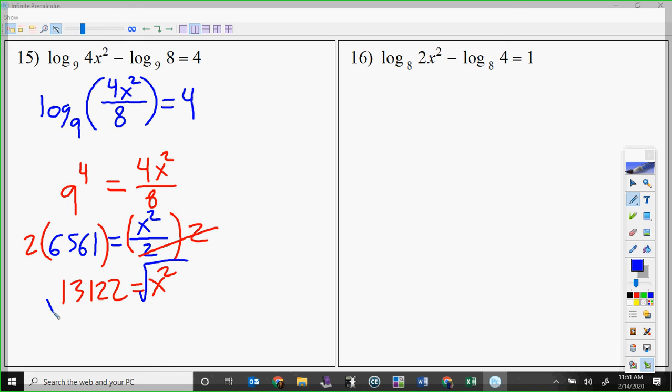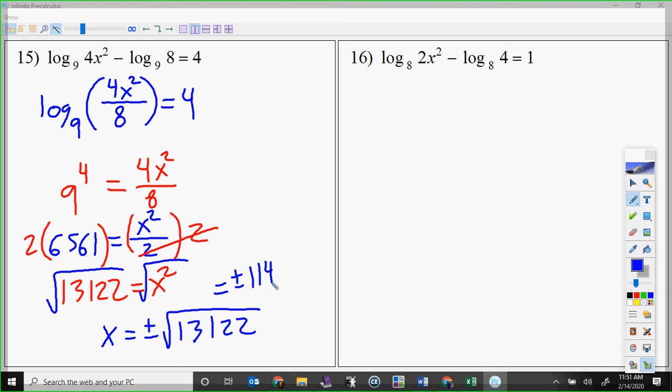Take the square root of both sides. And that appears to be just, we'll leave it, x equals plus or minus square root of 13122, or if you put it in decimal form, still plus or minus 114.35. I'm not sure how they left their answer.